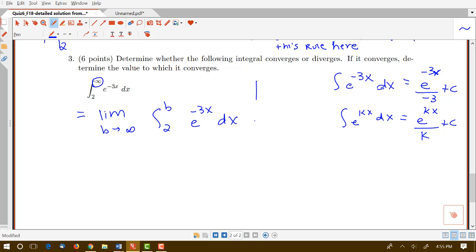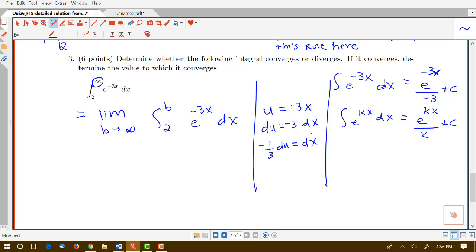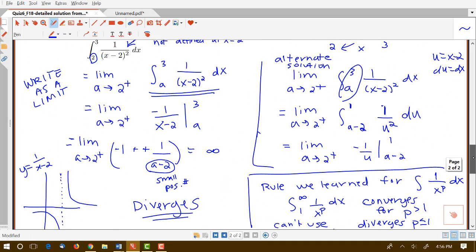But if you did want to use u-substitution on this, you could use u equals negative 3x. So du is negative 3 dx. And then you'd have negative 1/3 du equals dx. That's where that divided by 3 part is going to come from. So we'd have the limit as b goes to infinity. Notice that when I'm doing these u-substitutions, the part with the limit doesn't change. b is still going to infinity, and before, a was still going to 2.